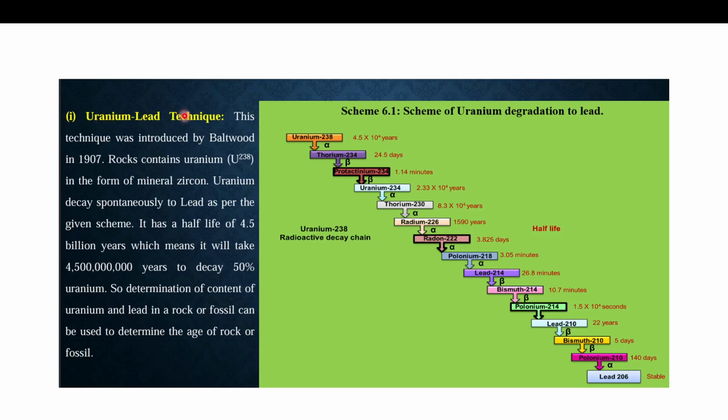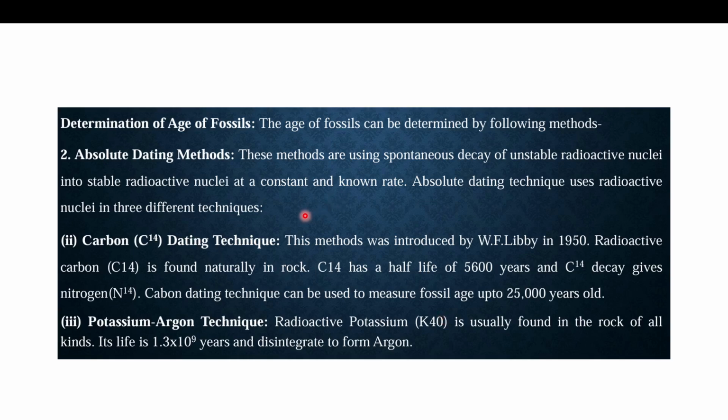Now, the uranium-lead technique has been in use for quite a long time. Uranium undergoes radioactive decay to finally form lead, which is stable. Another is carbon dating, where radioactive carbon is found naturally in rock and has a half-life of 5600 years.